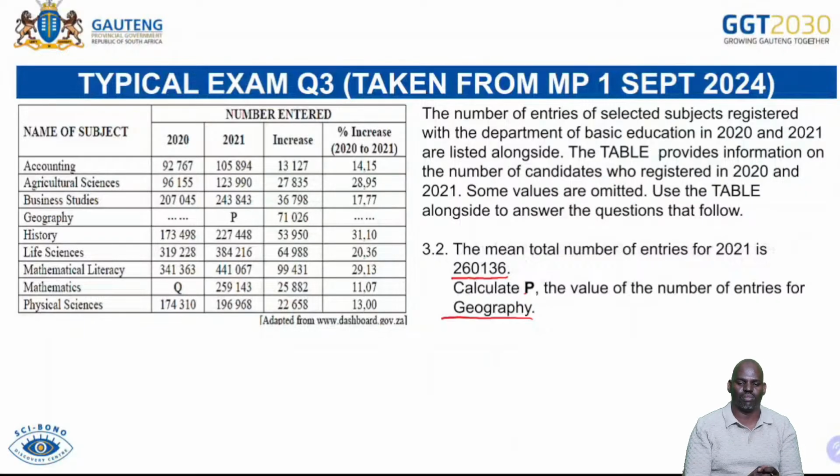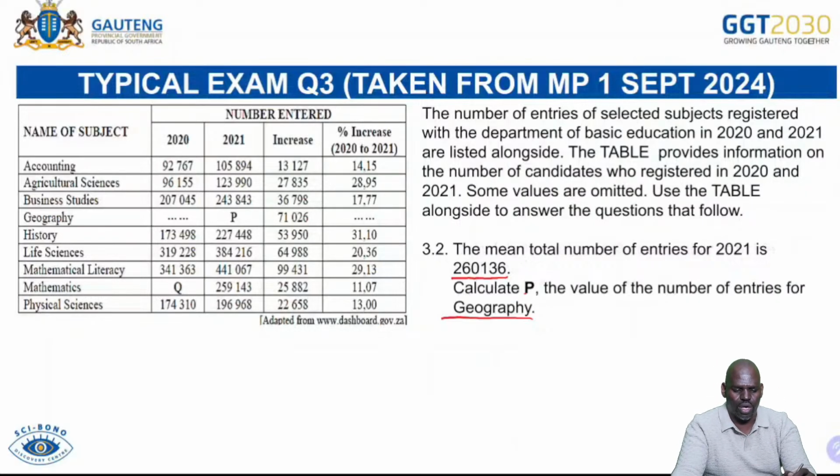This was taken from a different province. So that is why I'm saying the examiner, in some cases, might not be straightforward with their questions. They will try to be very tricky because they know that there are certain things that you do on a daily basis in the classroom, so they will try to trick you as well.